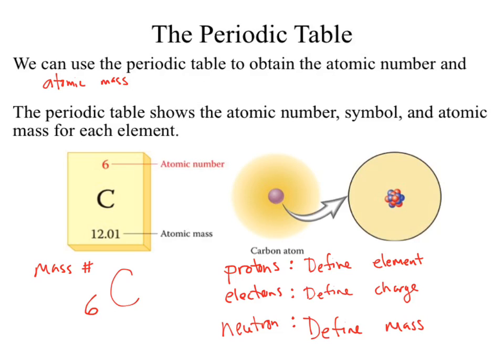No. If I change the number of electrons, that makes the charge different, but I asked about the mass. The electron's mass is effectively 0, so it doesn't affect the mass. Once I've defined what the element is, I'm going to define my mass based off of the number of neutrons.